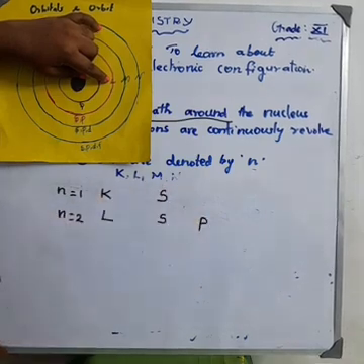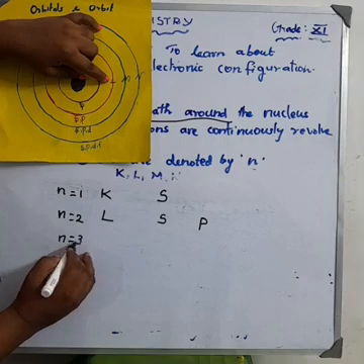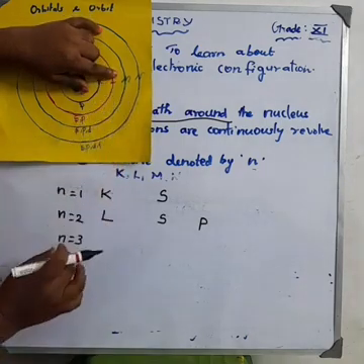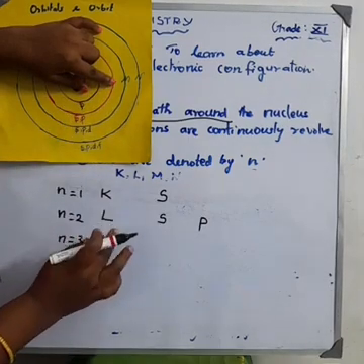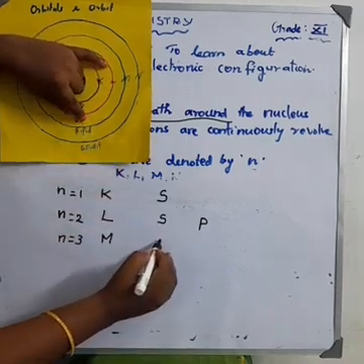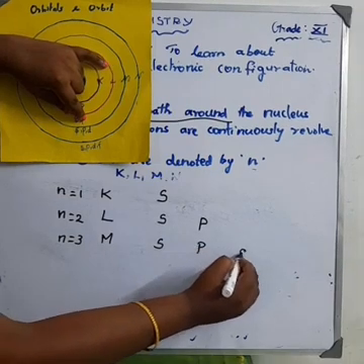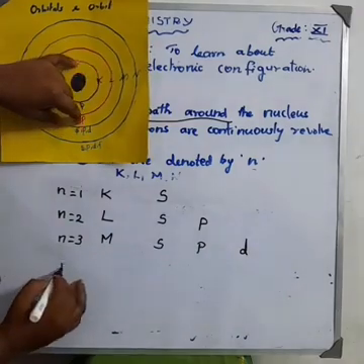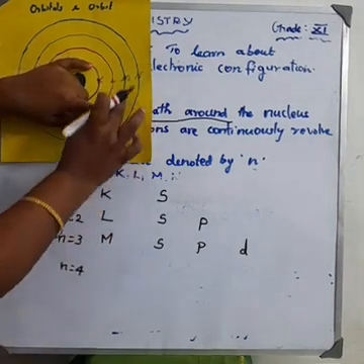Okay, and then n is equal to 3 means third orbit. The third orbit is named M. So here 3 subshells are there: S, P and D. And n is equal to 4 means fourth shell.